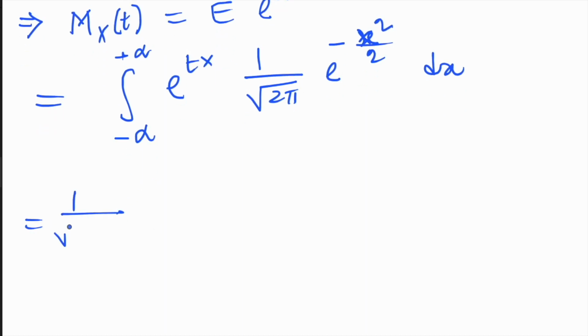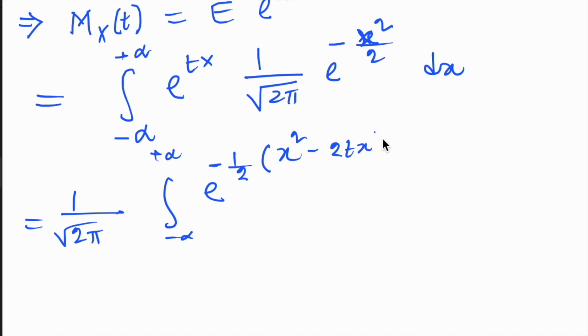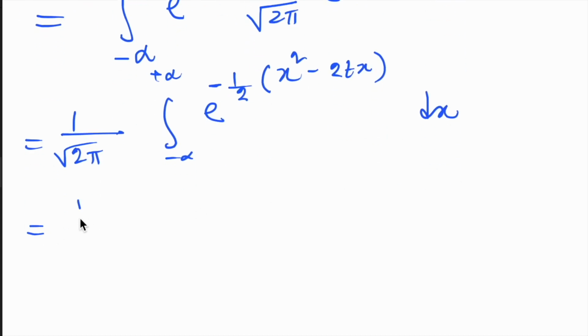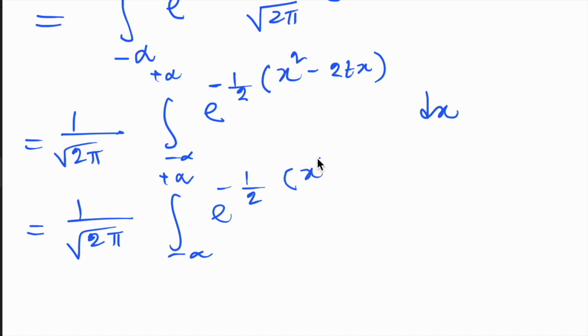So that means 1 by root 2 pi, integral from minus infinity to plus infinity of e to the power minus half (x square minus 2tx) dx.